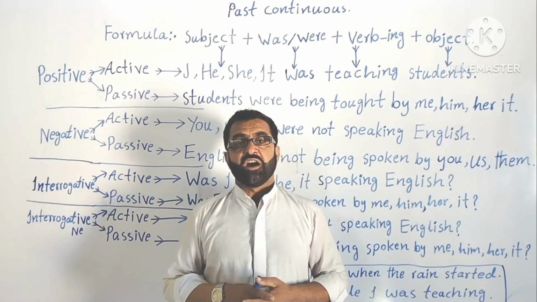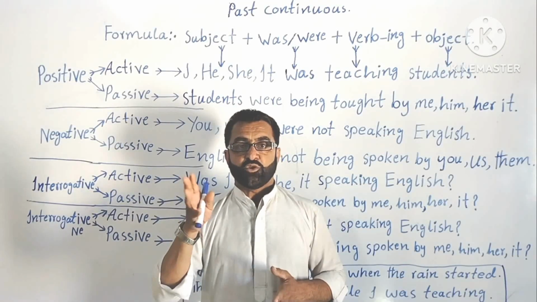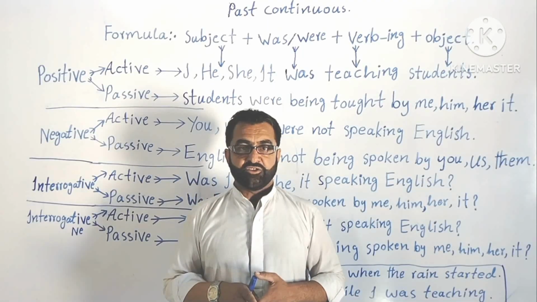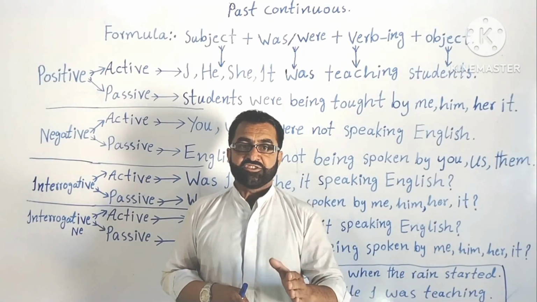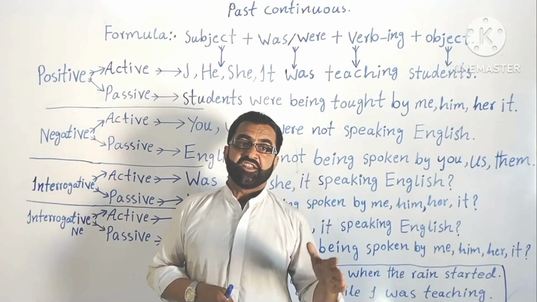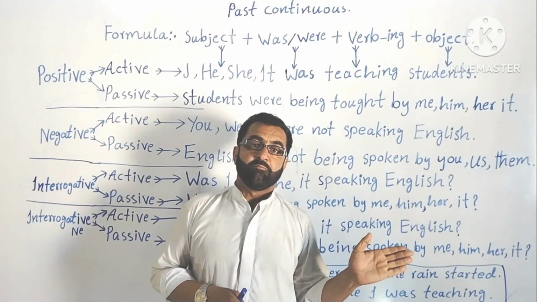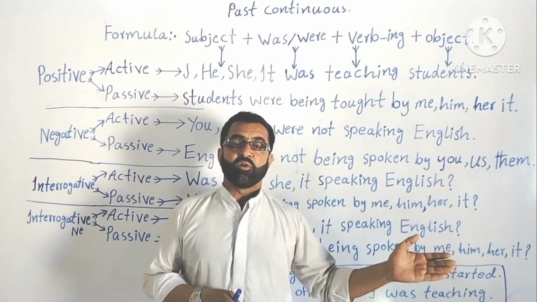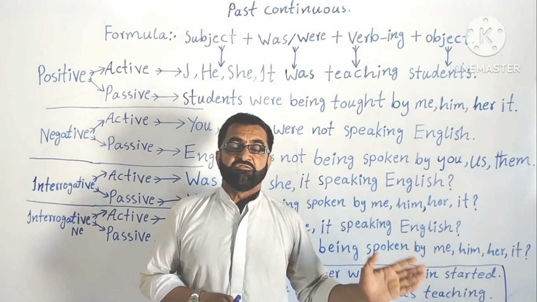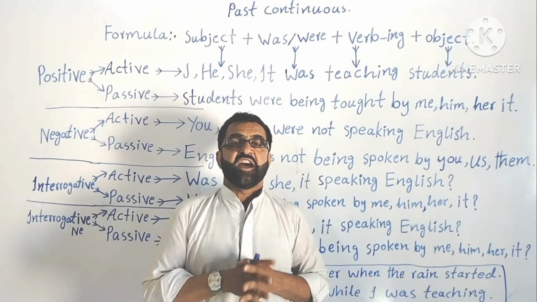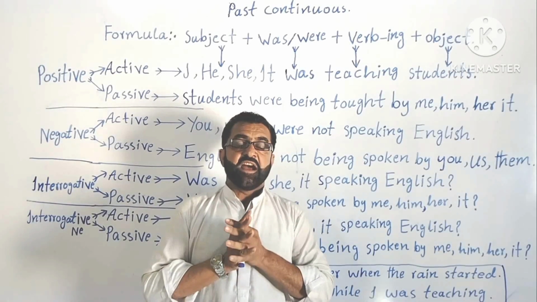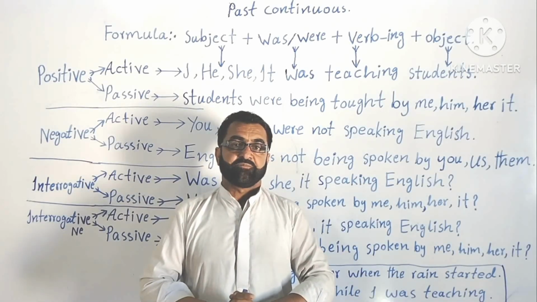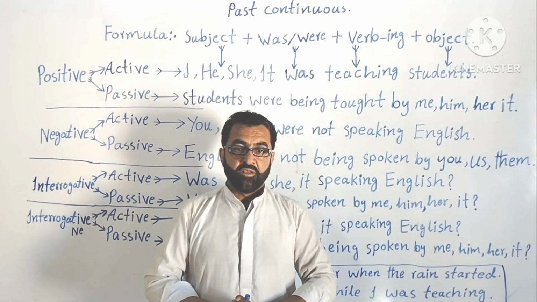Transitive verbs are the verbs that take direct objects with them. Understood? But intransitive verbs do not take direct objects with them, only through a preposition. Means without a preposition they cannot take objects with them. Understood?